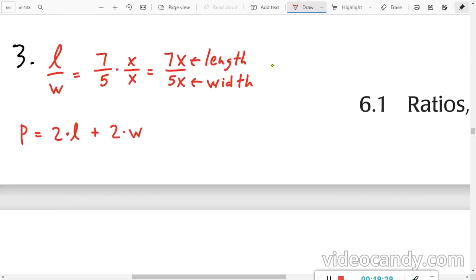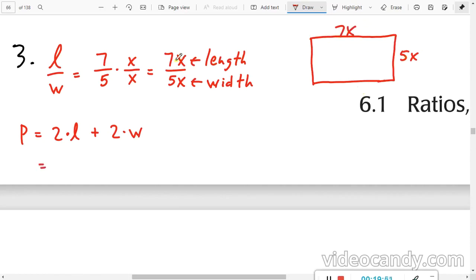If you recall, the opposite sides of a rectangle are congruent, right? So that's why we're going to do 2 times the width and 2 times the length.